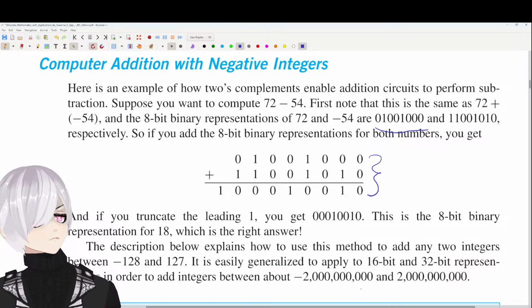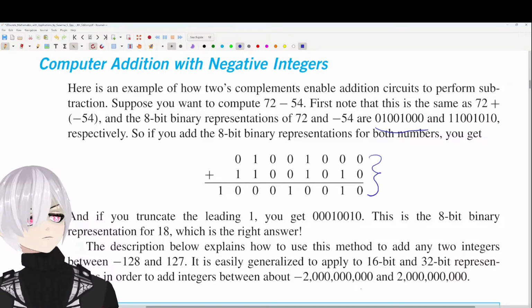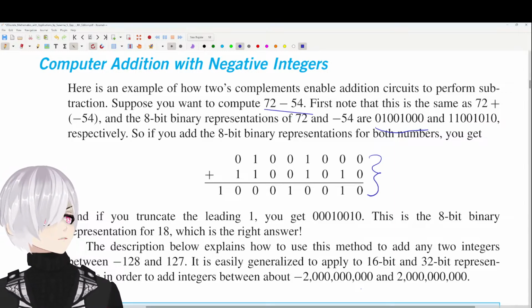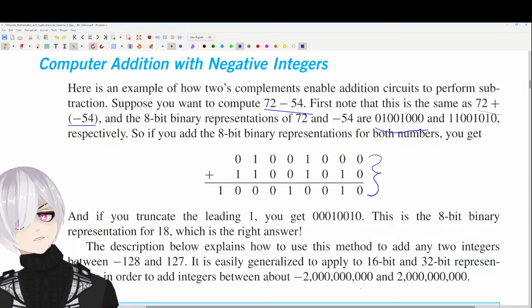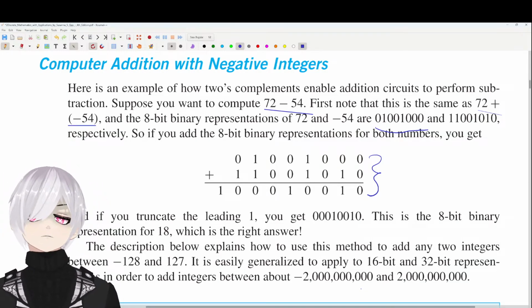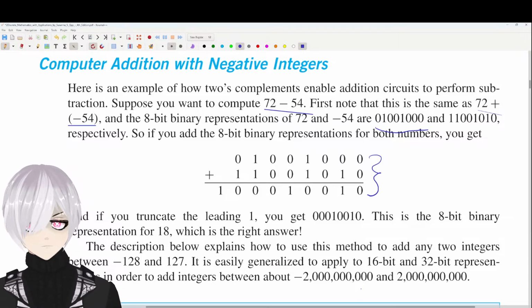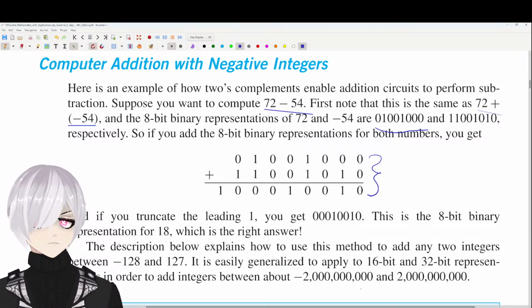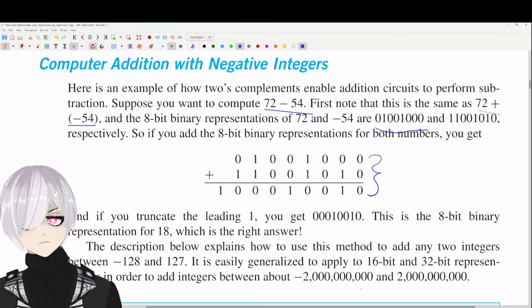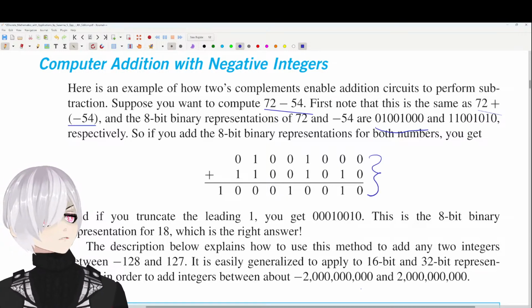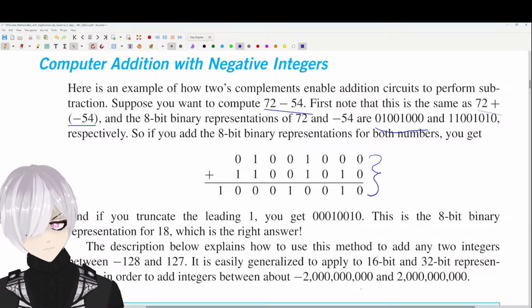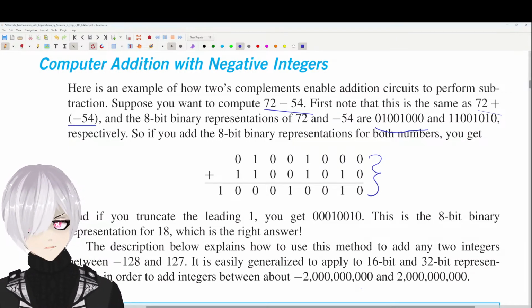I like the point here that 72 minus 54 is the same as 72 plus negative 54. So since we can represent negatives in binary, I see the value, but it's more difficult to represent the act of subtracting.